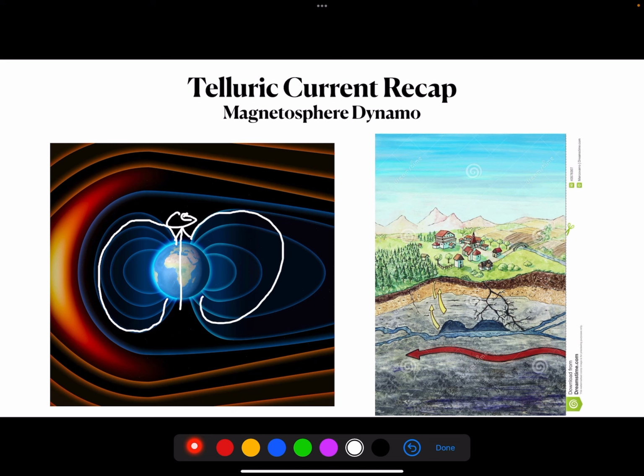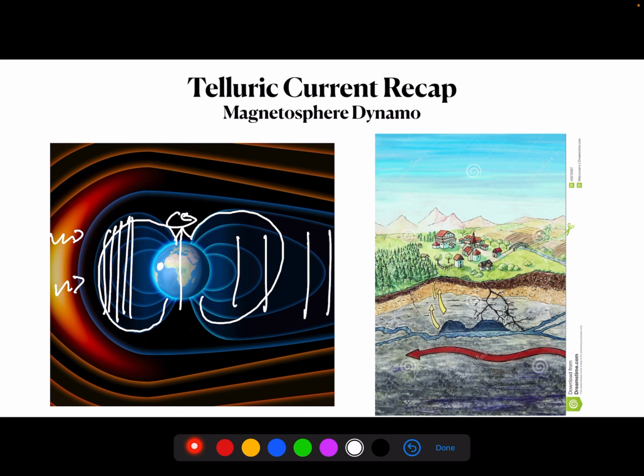From a reference point on the surface of the Earth, every time you go into the sun's energy at dusk and at dawn, the solar wind exerts a force and compresses the magnetic field lines coming from the Earth. On the far side, where the sun is not, they expand and relax. This is an impulse that happens at dusk and dawn.